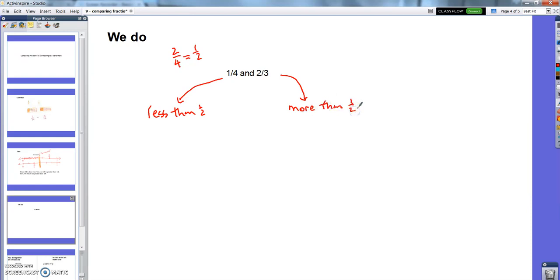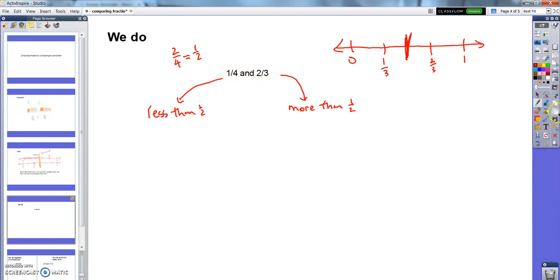I know if I make my number lines, I'll do it real fast. In my head, I can say, okay, if 0's here, 1's here, here's 1/3, 2/3. Half would be between them. It's halfway between 0 and 1. There's a half. And so I can see that in my head and just say, okay, just looking at the numbers, I can tell that's more than a half, and I can tell that's less than a half.